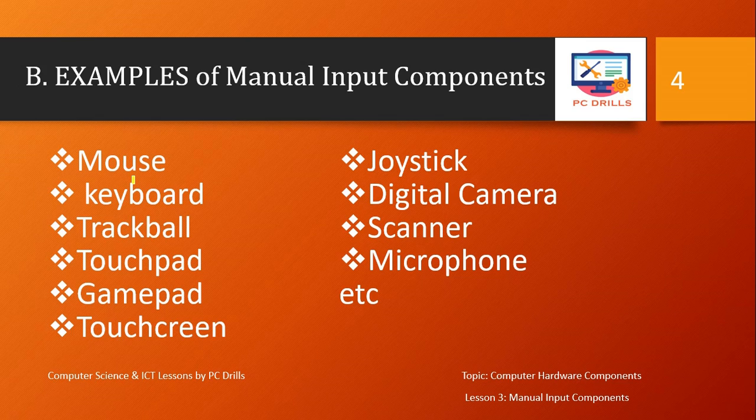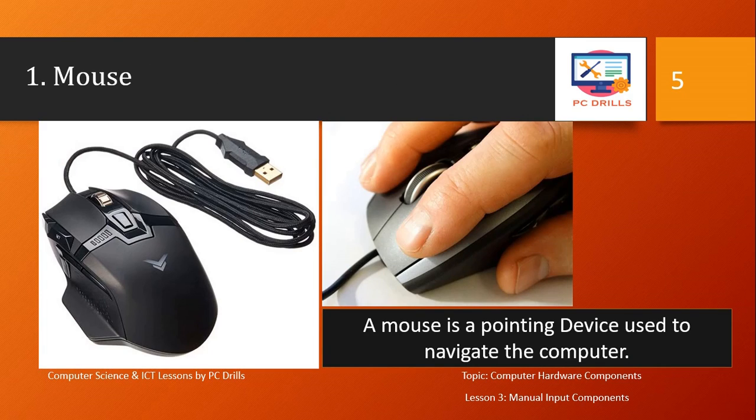In our C we will look at each of these, give a brief description, and show you an image for you to have a clearer vision of what these components look like. First, we have the mouse. This is what we call a mouse. Some people call it a USB mouse, but this is basically how it looks.